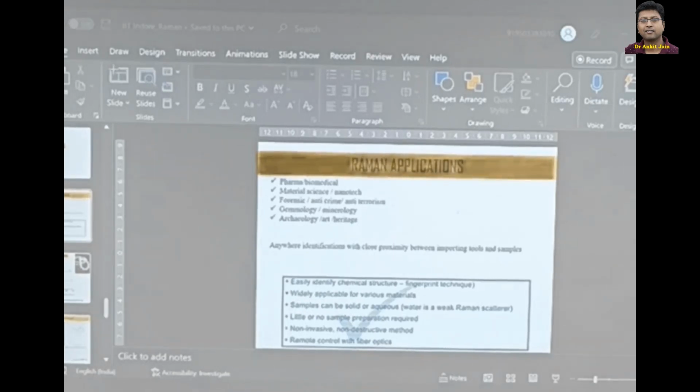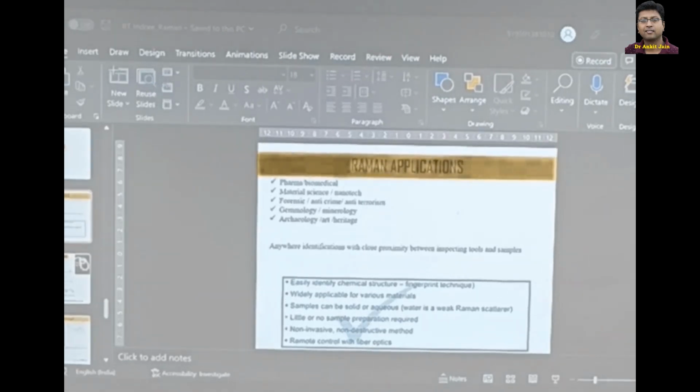It is asymmetric, so there is a dipole moment. That is why FTIR has a problem with H2O. But with Raman, the dipole moment is not considered, so it will give you no signal of water.